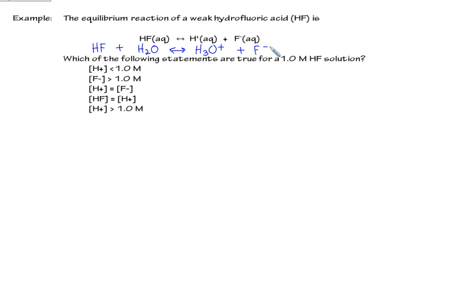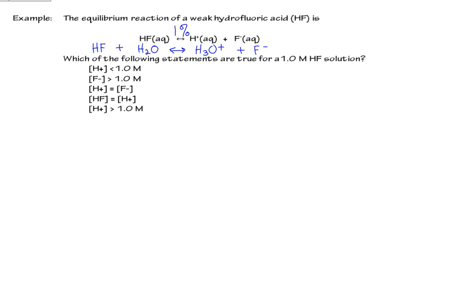Let's see, what do we have here? A weak acid, which again, might only go forward by like 1% maybe. So I'm starting with a 1 molar solution of HF. Okay, so 1 molar solution of HF. But since it's a weak acid, it's not going forward by much.